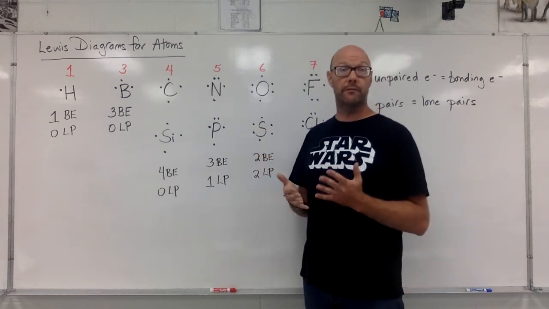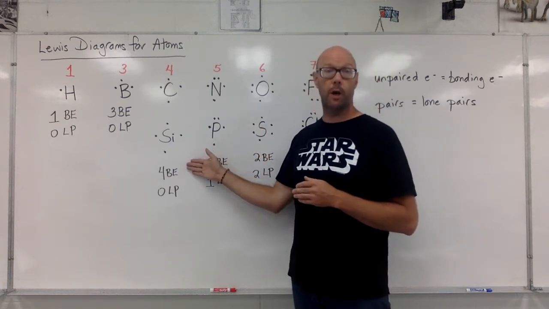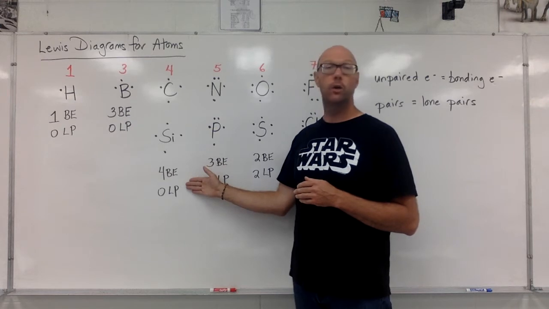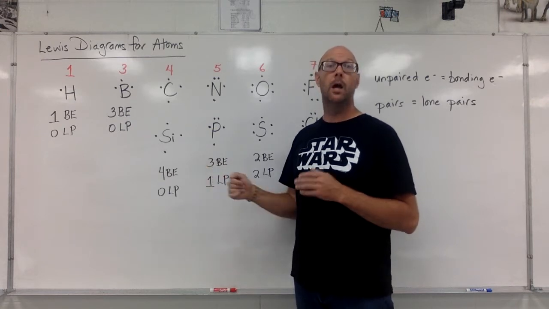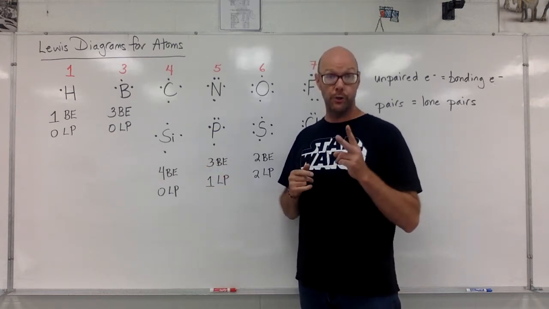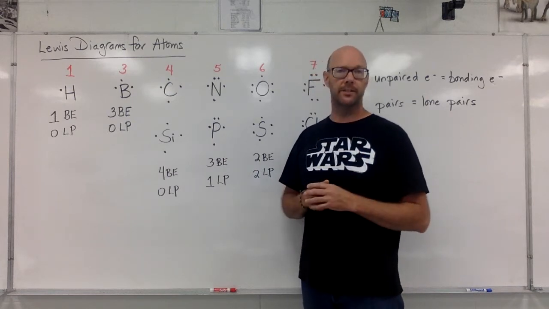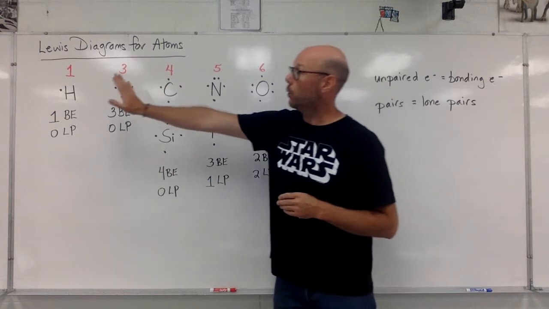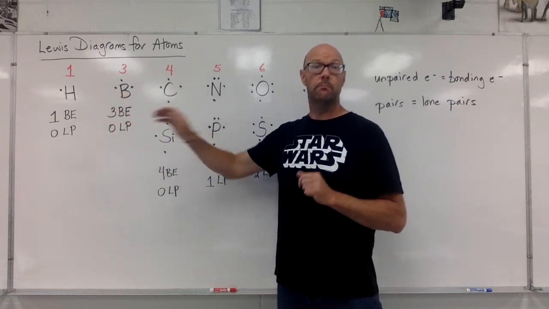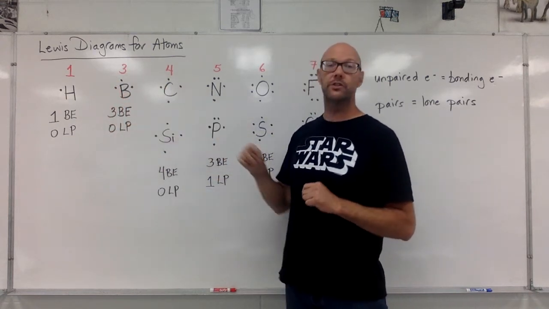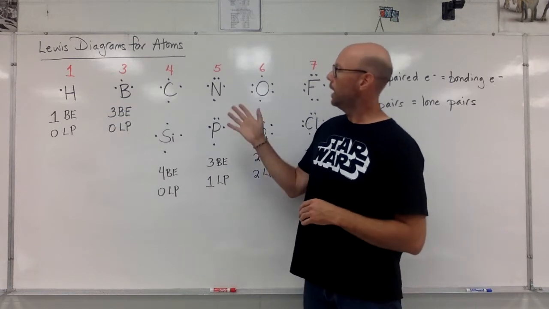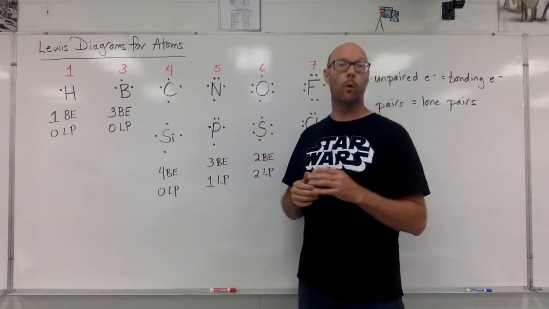Each of them is on a different side, so we have 4 bonding electrons, and there are no lone pairs. Carbon and silicon are the 2 different elements that we are going to encounter that have 4 valence electrons. So the only one with 1 is hydrogen, nothing with 2. Boron is the only one with 3, and carbon and silicon, 4.